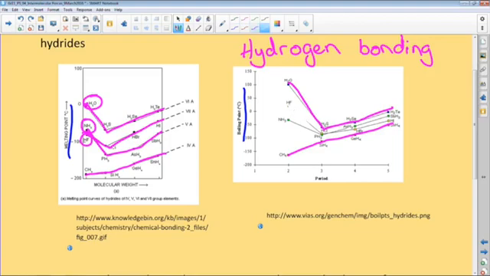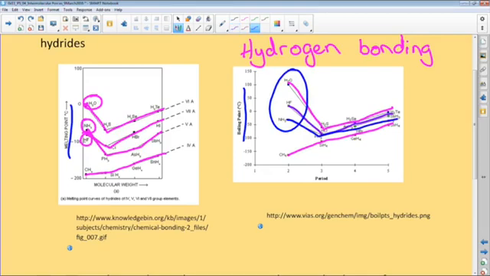High, drops to HCl, AsH3, SbH3, starts to increase again. And our last one, NH3, it's high. So again, these three substances are unusual in their behavior because of their hydrogen bonding.